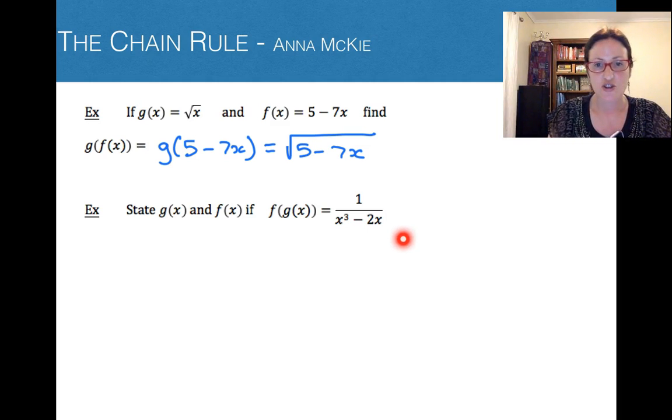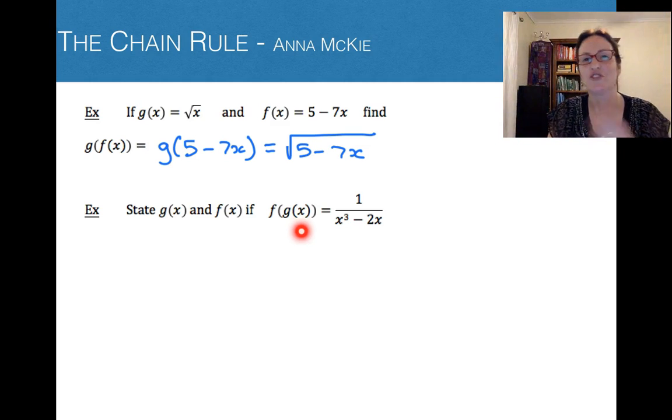Sometimes you may be asked to identify what the two functions are. So the function that's on the inside often tends to be the more complicated function, or it's got a few extra parts to it, whereas the outside function tends to be simpler. So looking at this fraction here, the inside function, the g of x, would be this part here.